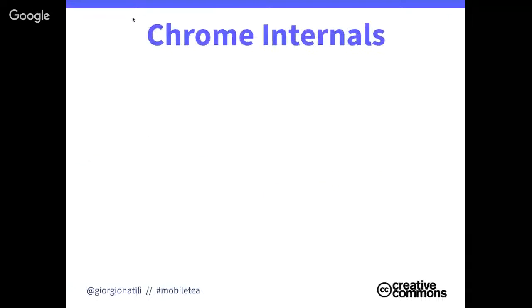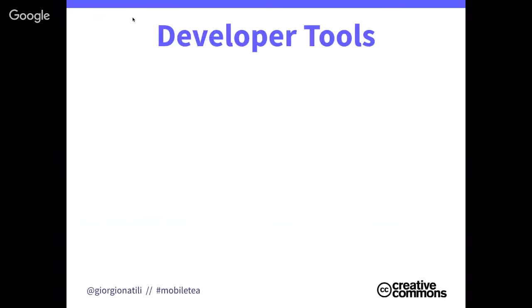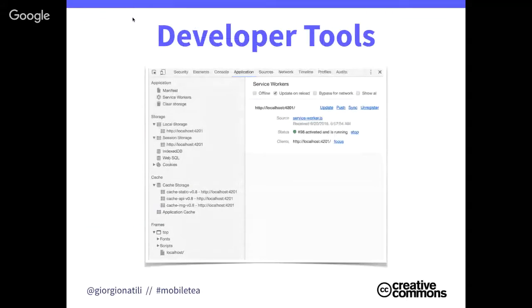Service workers can be debugged through the Chrome internals, visiting chrome://serviceworker-internals, and you get access to all the service workers that you have installed, and you can unregister, start to debug, or you can use the developer tools. In the developer tools, there is the application tab. It appeared maybe in May, right?